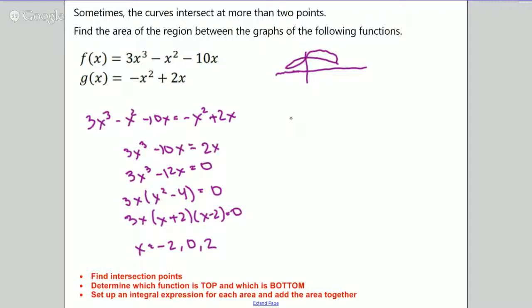And I don't have a picture of what's going on, so let's look at this algebraically. So I know I'm gonna have 2 integrals. I'm gonna wanna add this piece and this piece. So the first one's gonna go from -2 to 0, top minus bottom dx, right?